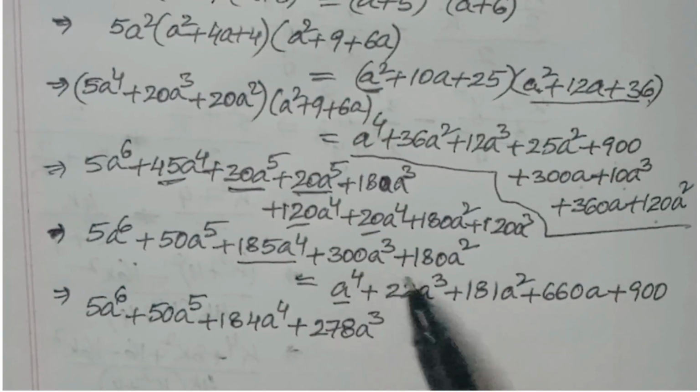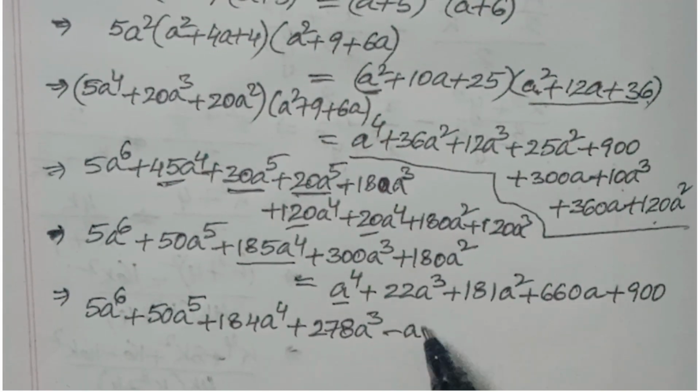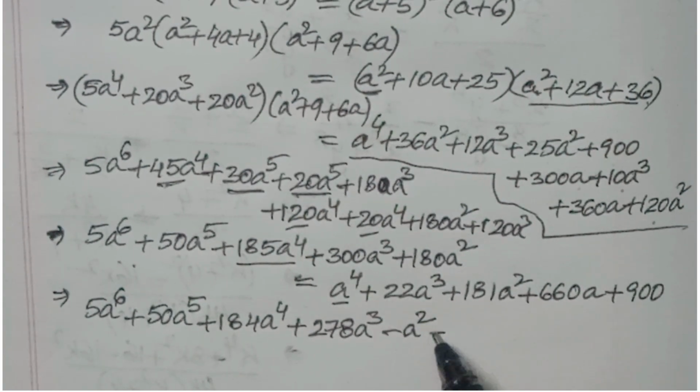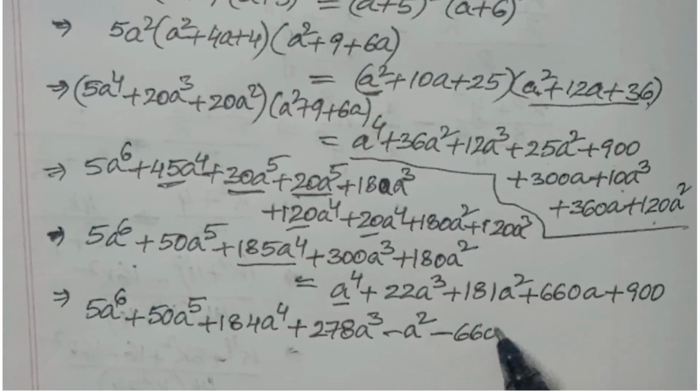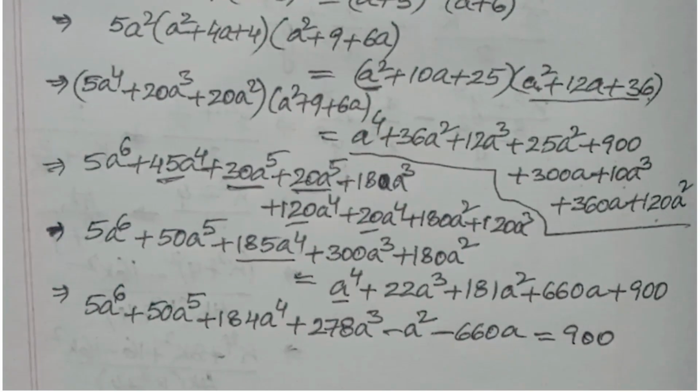And next 180 minus 181, so you'll get minus a^2. 660a minus 660a going that side, is equal to 900.